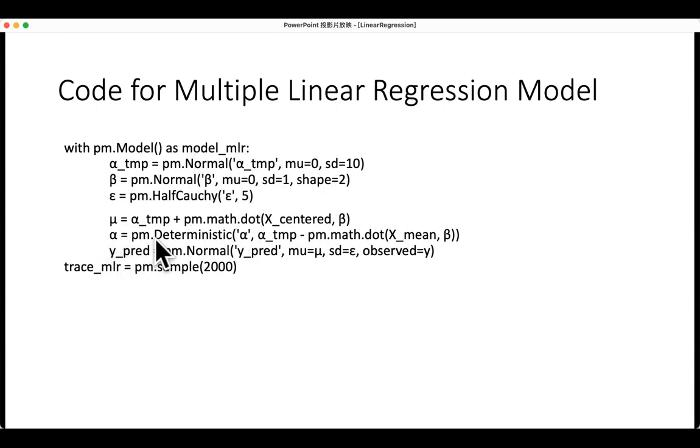Alpha will be alpha temp minus the multiplication of these two matrices. You have to put them back. Then your y predict will be: mu is mu, the standard deviation is epsilon, and observed is y. You are trying to fit your data, and generate 2,000 samples.